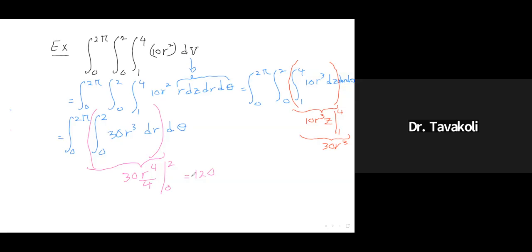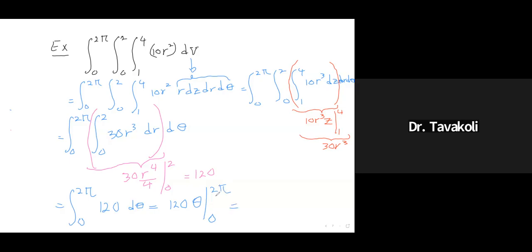So let's see what we have so far. We have the integral from 0 to 2 pi of that interior integral, which was 120, d theta. The antiderivative of 120 with respect to theta is 120 theta. We evaluate at the limits.